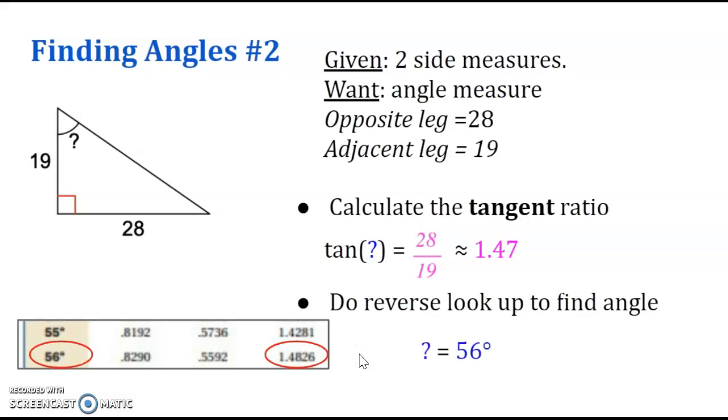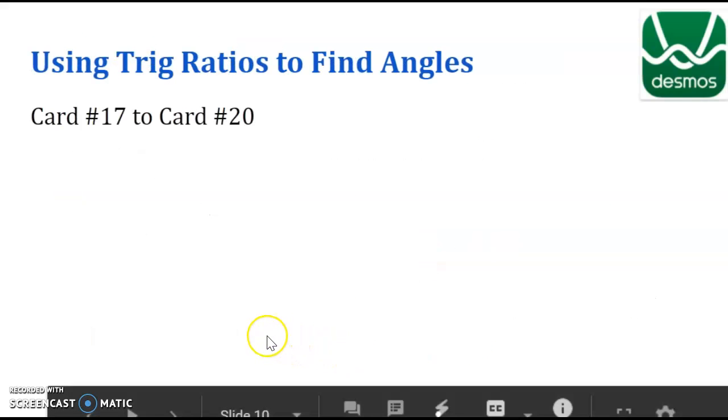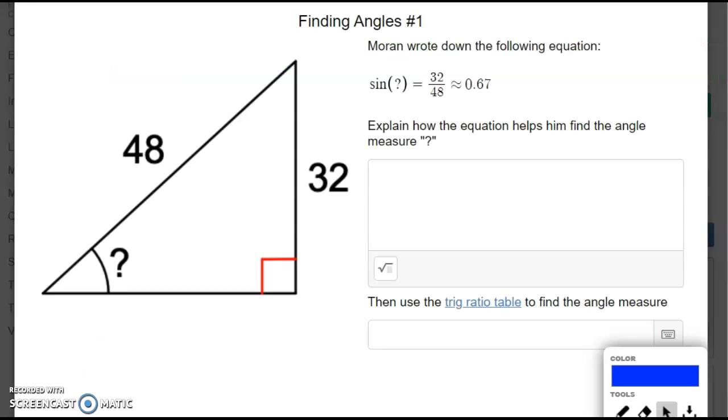Okay. All right, so at this point, I want you to pause the video and see if you can use the same thing to figure out how to do cards number 17 to 20. Okay, so this is card number 17. So Moran wrote down the following equation. Sine of the question mark is 32 over 48, which is approximately 0.67.